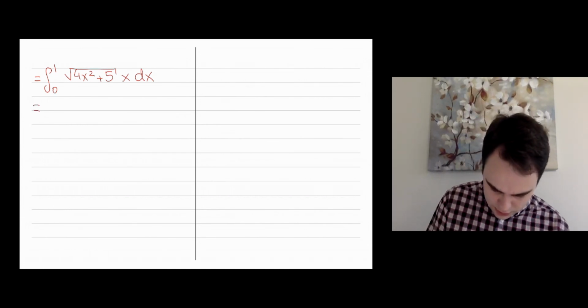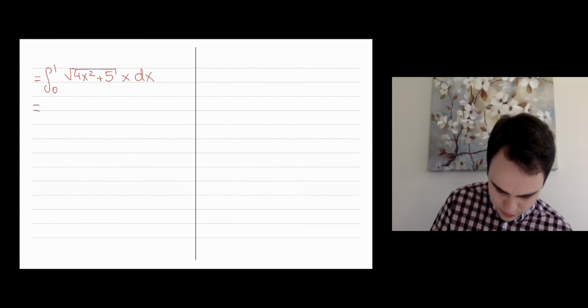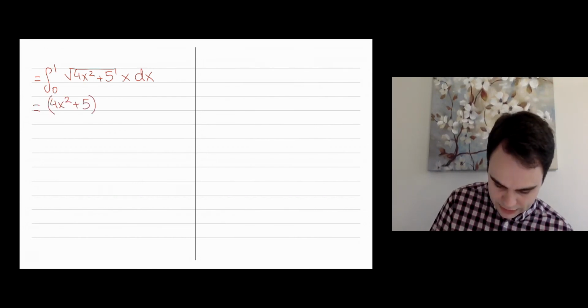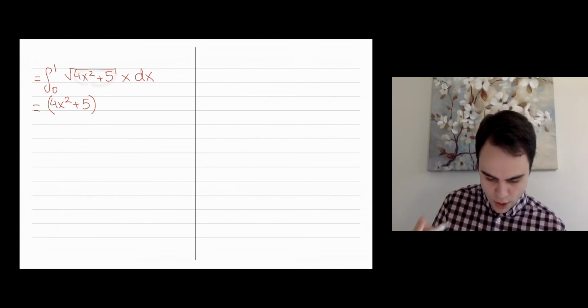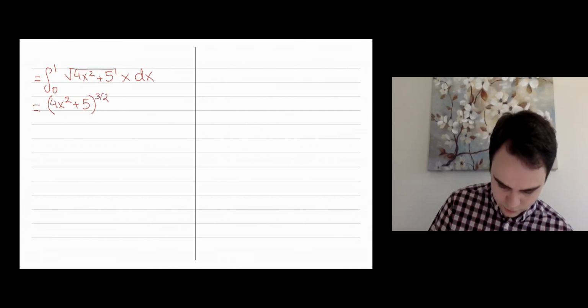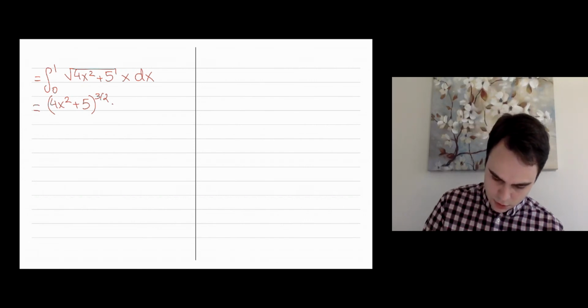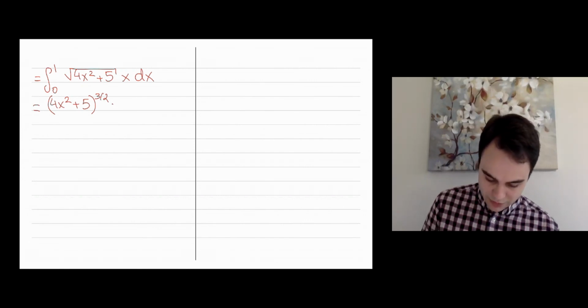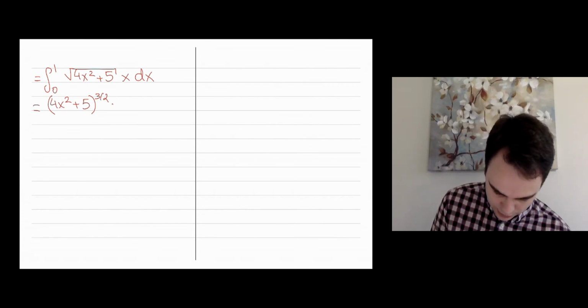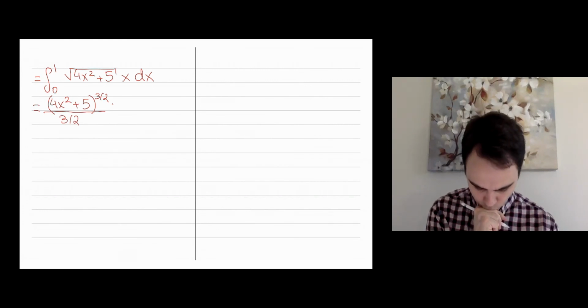So this is something to the 3 halves, right? This is going to be 4x squared plus 5. Previously I had 4x squared plus 5 to the 1 half, but now the integral will be this to the 3 halves. If I differentiate the thing, I have to divide it by 3 halves, right? You just divide by the exponent.